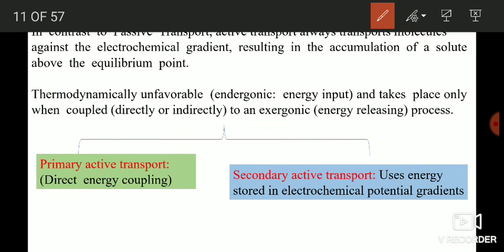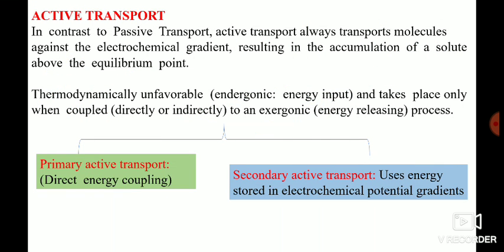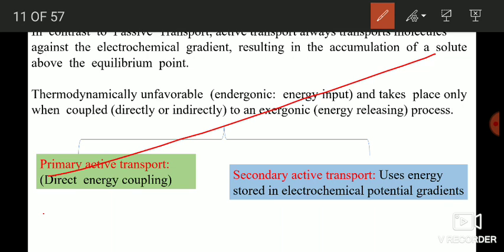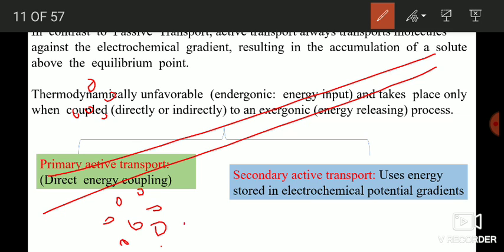Now let us focus on active transport, that type of transport process in which the molecules are moving from lower concentration to higher concentration. In this process, since the molecules are moving from lower concentration to higher concentration, or you can say the molecules are moving uphill, this is only possible when there is consumption of energy.